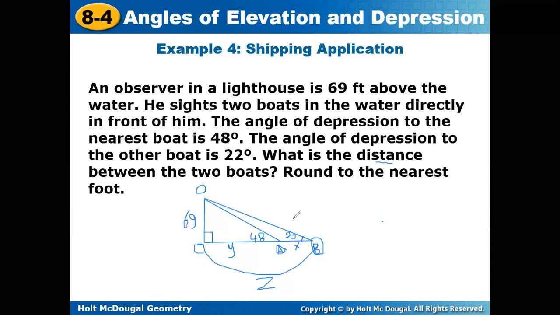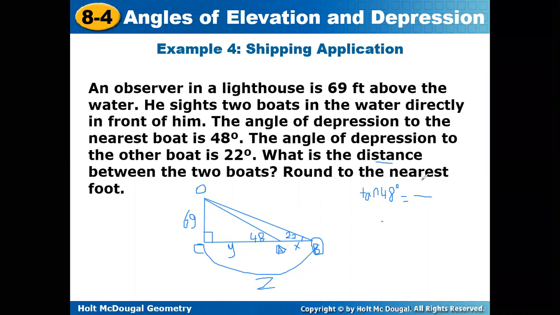We can say that tan 48 is equal to the opposite side for the first triangle, which is 69.